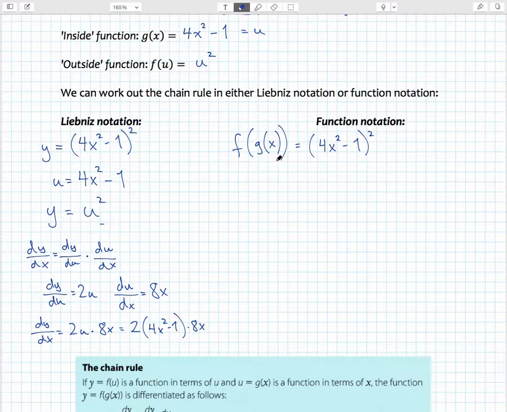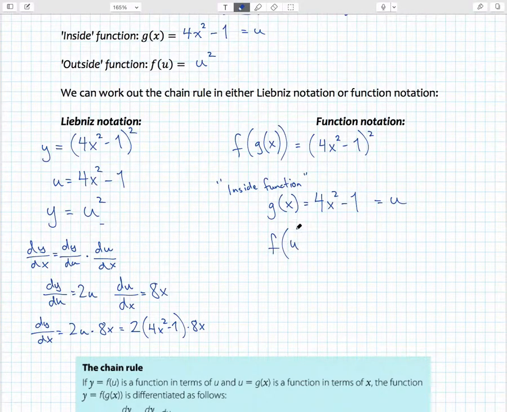And again, our inner function, our inside function, is going to be g of x, which we're going to call just 4x squared minus 1. And remember, we can still call this equal to u. That's our middleman still. And now we can redefine the whole thing as f of u, because u is the same as g of x, which is going to be equal to, instead of 4x squared minus 1, we're just going to call it u squared.